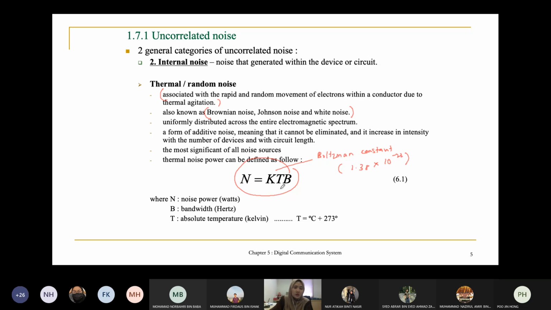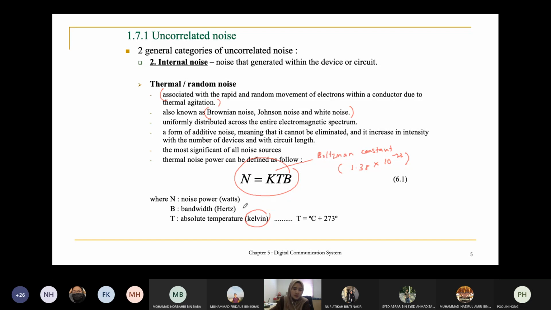T over here is the temperature. When you want to use this formula, you must make sure that the temperature unit is in Kelvin, not in degrees Celsius. If your question gives you the temperature in degrees Celsius, then you need to convert to Kelvin. How to convert degrees Celsius to Kelvin?